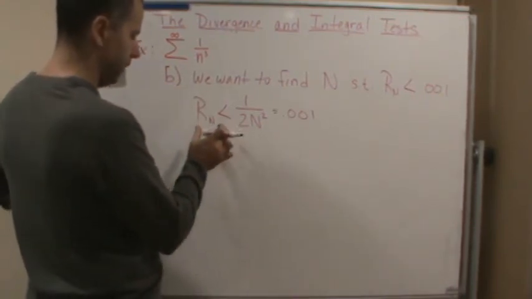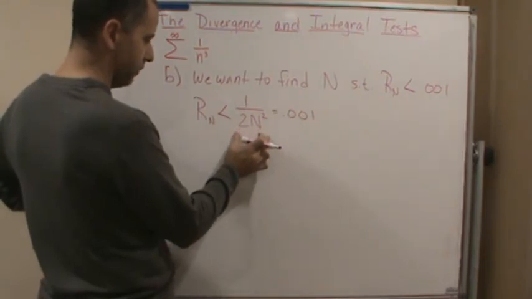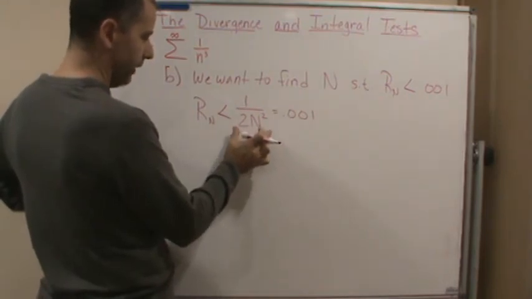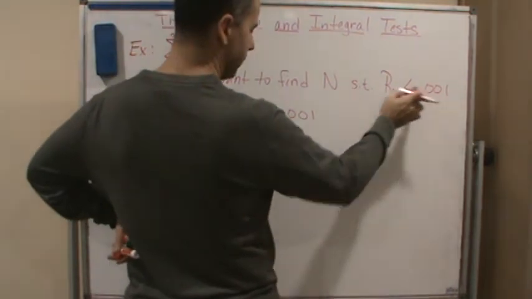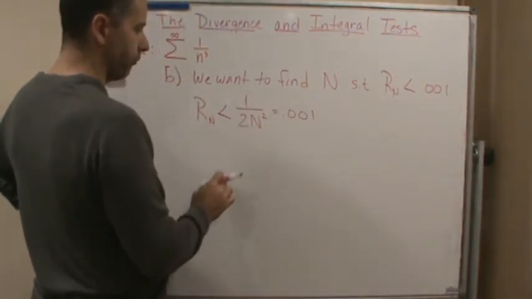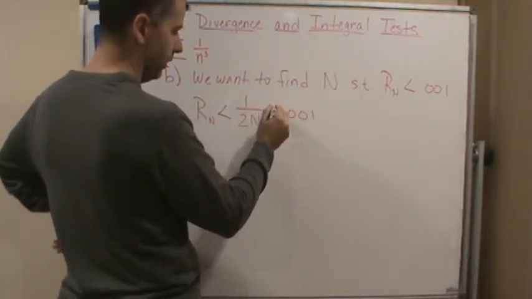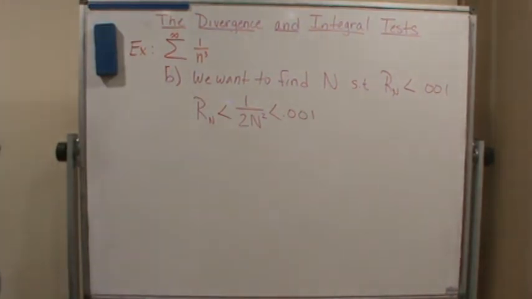So if we know that r sub N is less than this, and we want it to be less than 0.001, then if we solve for this, we'll be fine.